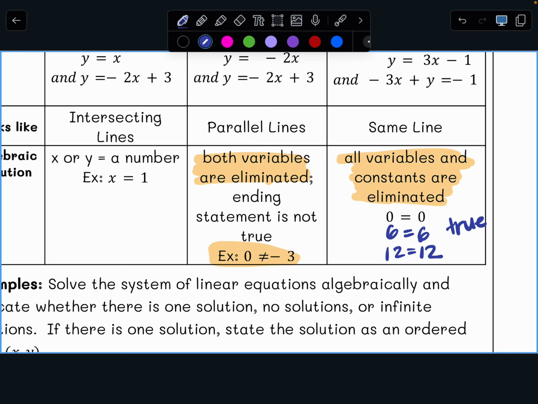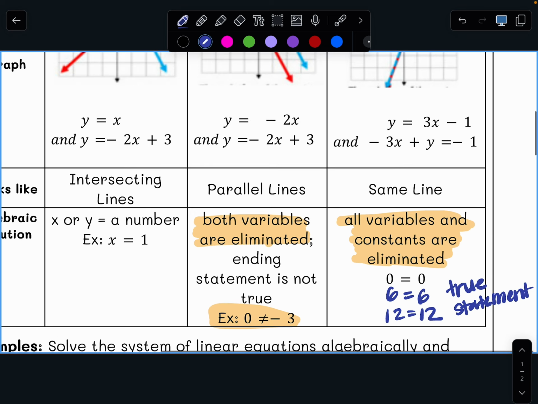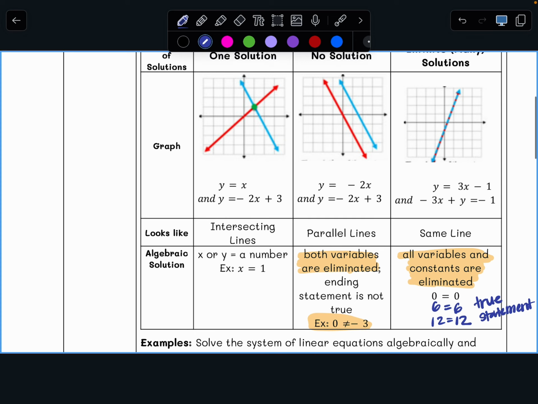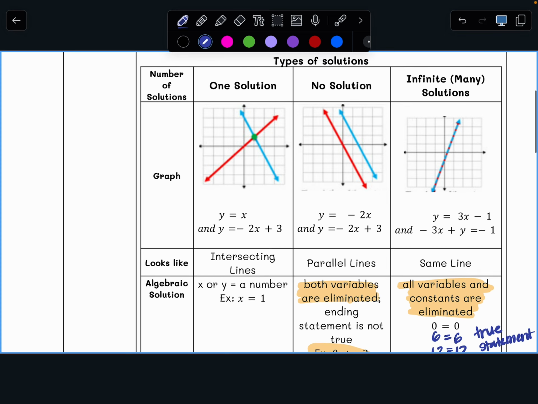This will be a true statement. That means it's the same line, and any point on that line is a solution. So there are infinite solutions because there's an infinite number of points on a line.